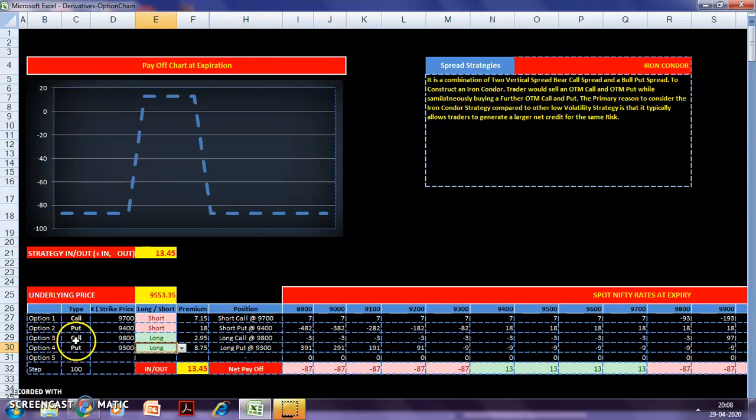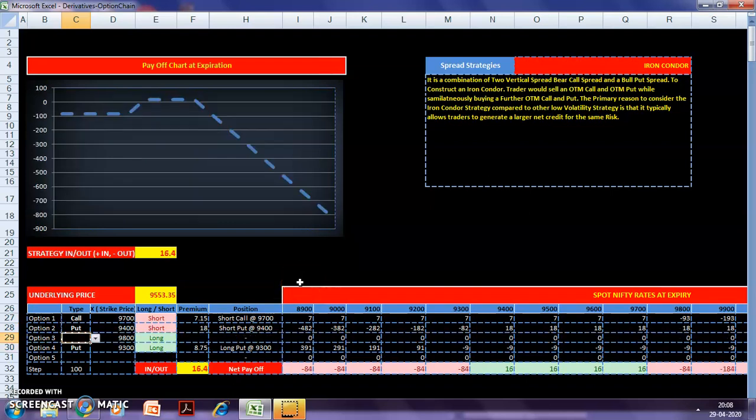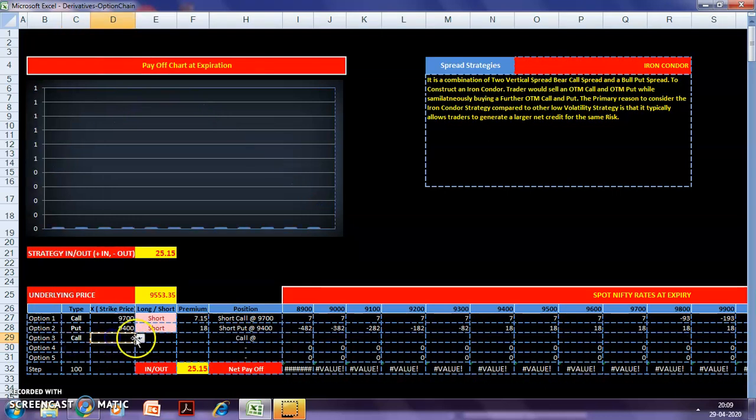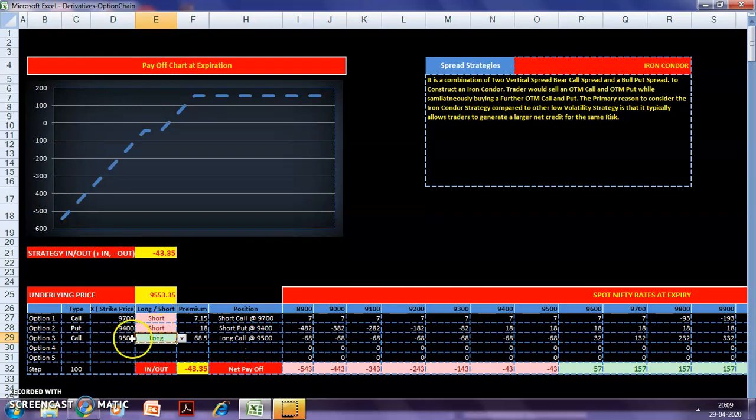When you use this template, if you want to use two options and you don't want to use the third and the fourth, please delete them from here. Don't change anything else. You have to delete the first, third and fourth rows. When you want to use them again, you can use them again, so there is no problem.